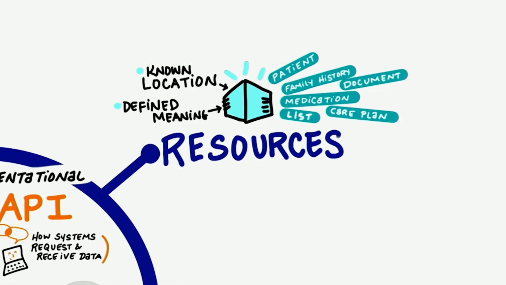Then there are other resources like medication, care plan, family history. All of those discrete concepts make up FHIR resources, and they have a known location that looks like a URL. It means it's located on a server somewhere, maybe on the one you're on, maybe on the internet somewhere, and all of those resources have a meaning, which is the FHIR specification, which defines what those resources mean.